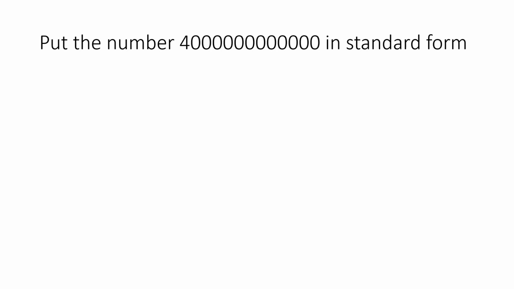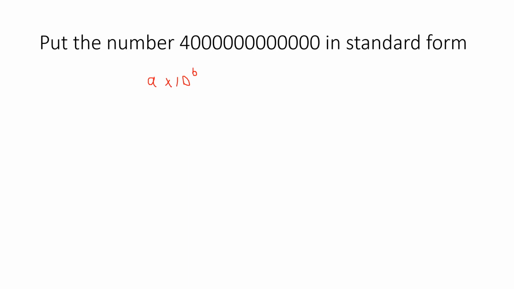So what standard form is, it's basically a certain number, so x. No, I'm not going to use x, I'm going to use a. It's just going to be a times 10 to the power of b.